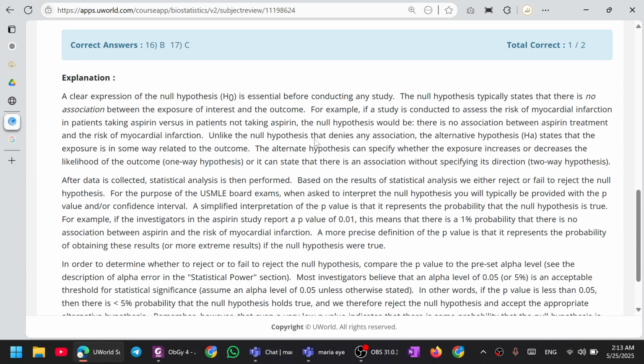Unlike the null hypothesis that denies any association, the alternative hypothesis states that the exposure is in some way related to the outcome. The alternate hypothesis can specify whether the exposure increases or decreases the likelihood of the outcome, one-way hypothesis, or it can state that there is an association without specifying its direction, two-way hypothesis.